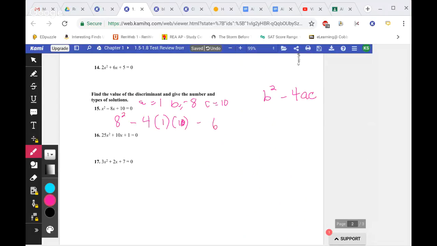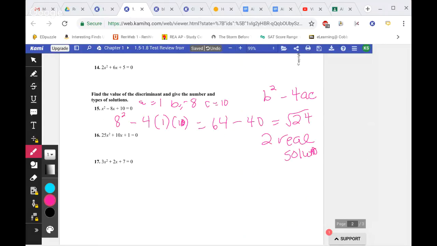That is a 10, I promise. So I've got 64 minus 40, which is 24. So that tells me this would be the square root of 24, which is going to be an irrational thing, but there's two real solutions.